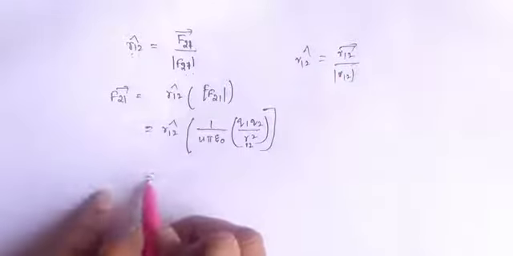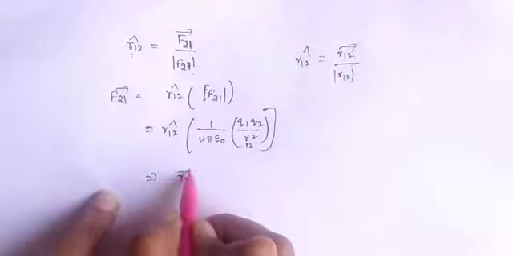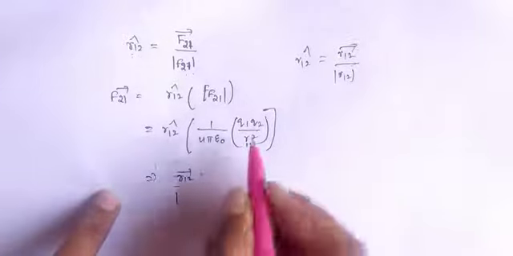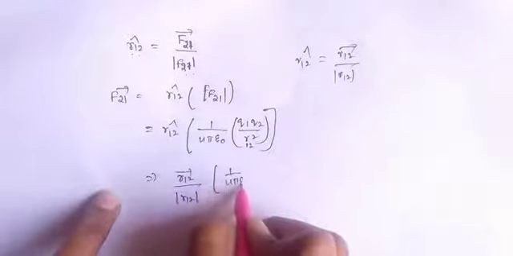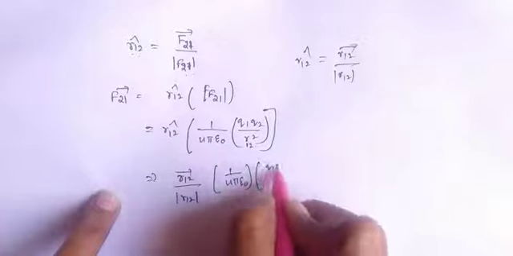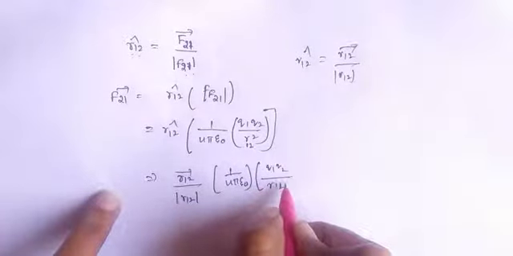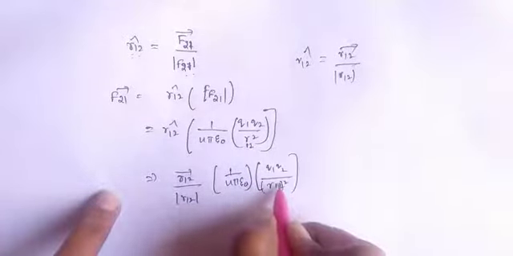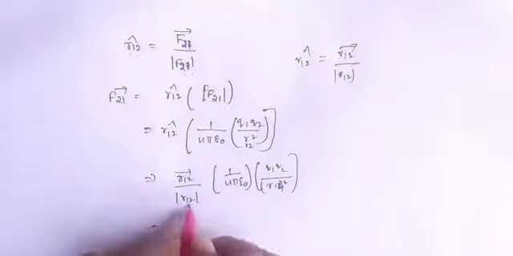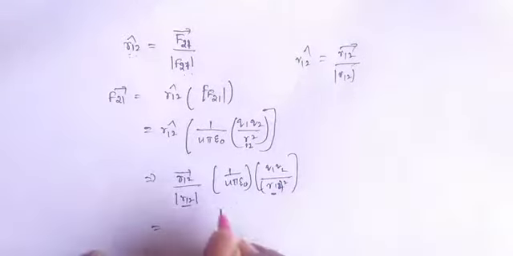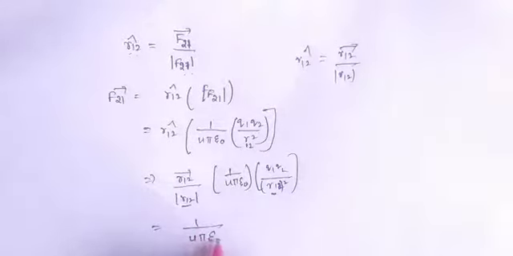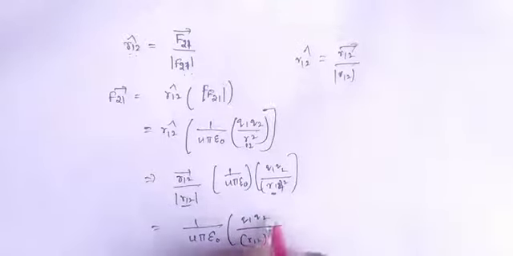Now write here R12 vector by magnitude of R12, and 1 by 4 pi epsilon naught, and Q1 Q2 by R12 square. This is the magnitude, and we can write it as 1 by 4 pi epsilon naught Q1 Q2 by R12 whole cube into R12 vector. So this is F21.